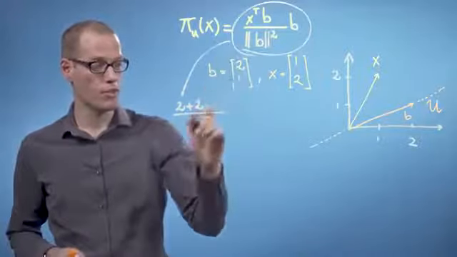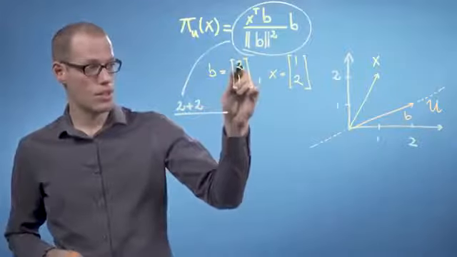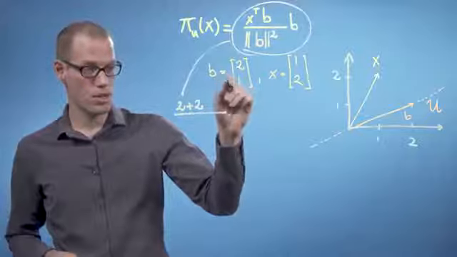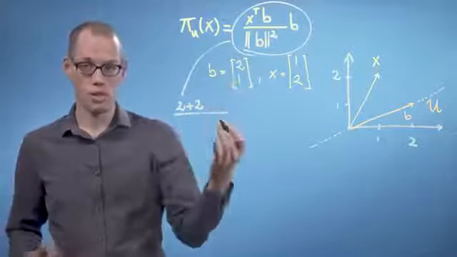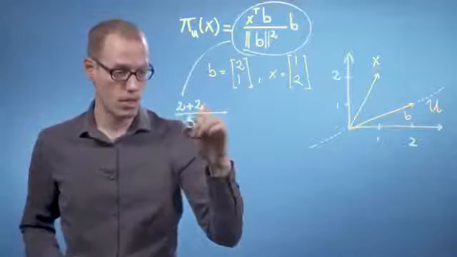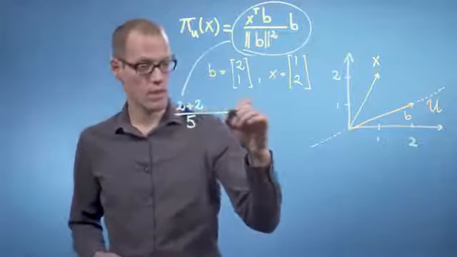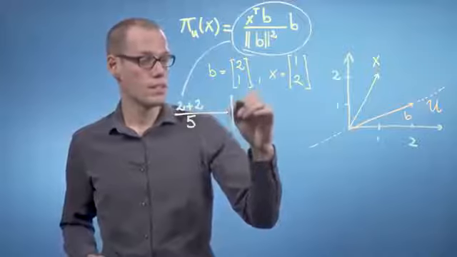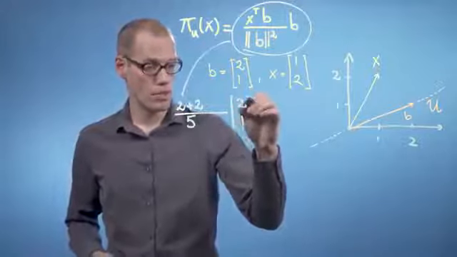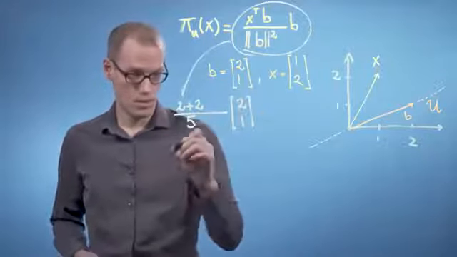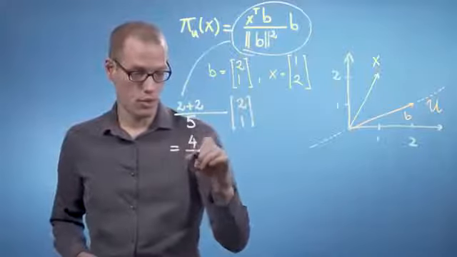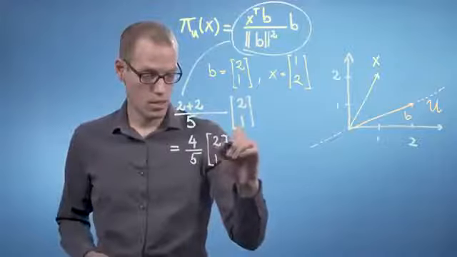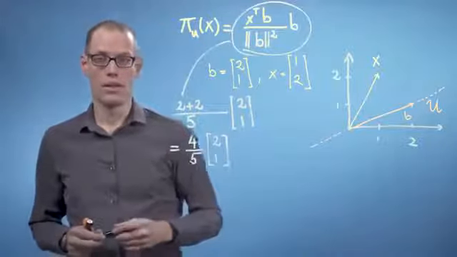So the length of b is the square root of 2 squared plus 1 squared. So overall, we get the squared norm to be 5. And then times b will get us (2, 1). So overall, 4 over 5 times the vector (2, 1).